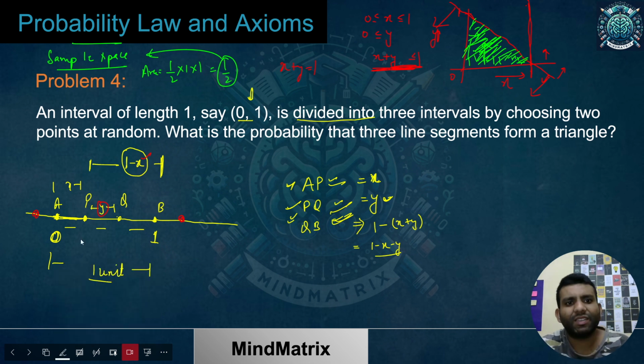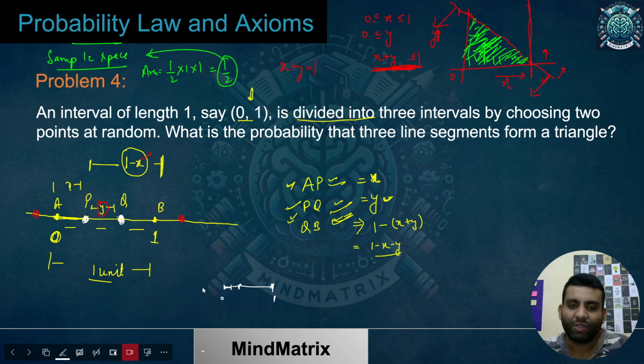So the point is, will every break PQ make a triangle? The answer is no. Let's suppose AP is only this much, PQ is also only this much, and QB is this complete 0 to 1. Just think about whether I can create a triangle with these or not. Don't tell me that this is a straight line.